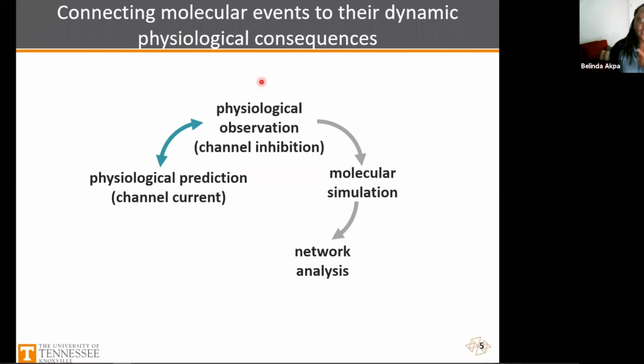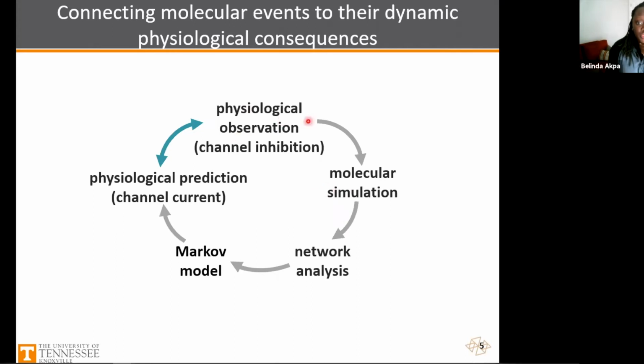And that allows us to validate our computational predictions, or gives us new information that allows us to go back through this loop and reassess what we think might be causally at play in that system.